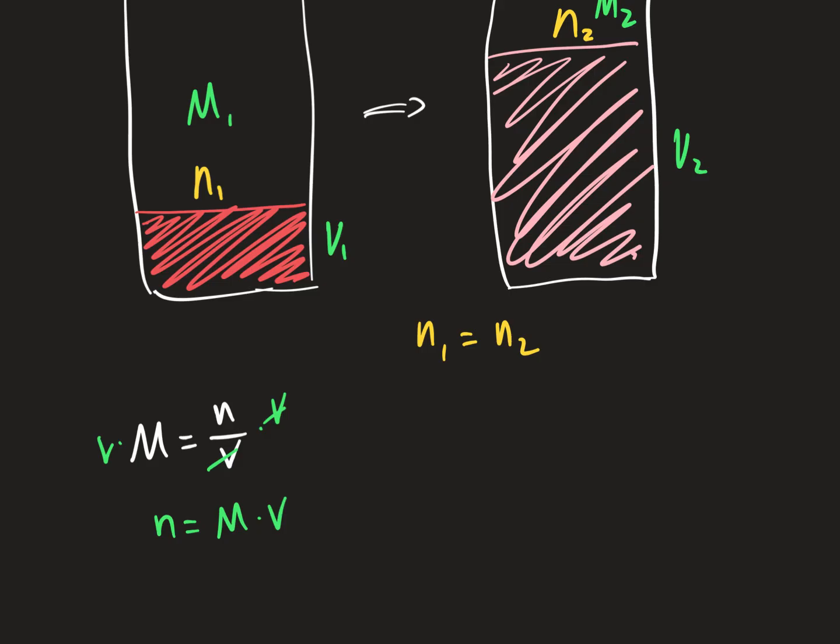Are we good? All right. So what equation can we form from here? N equals MV. What should we say N1 is equal to? M1 times V1, right? And that's equal to M2 times V2. You all following me? Questions?